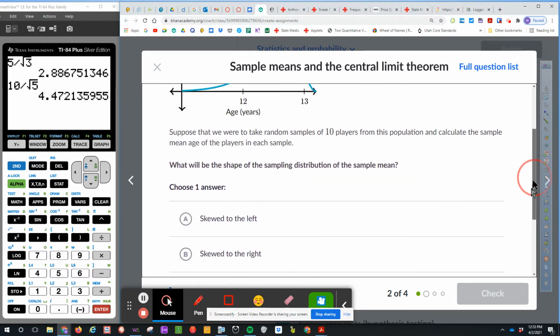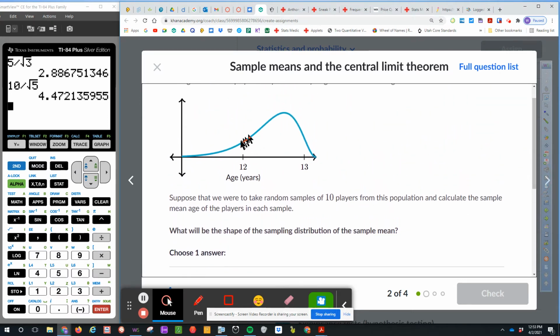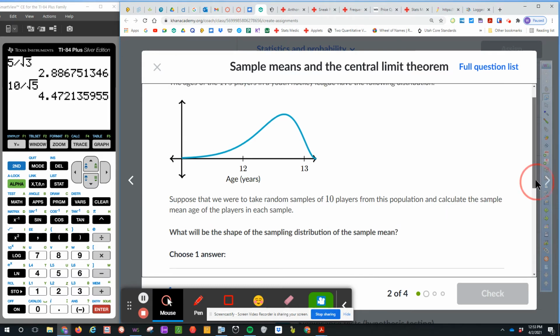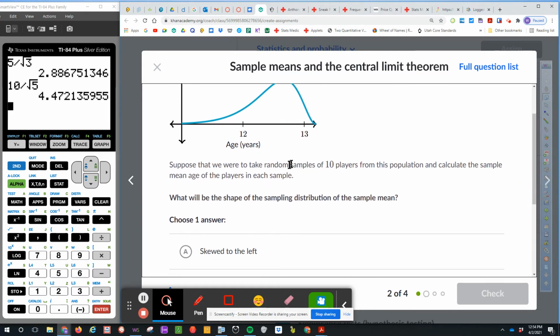Now, because the population is skewed left, if we had a bigger sample, like more than 30, we would be able to assume that the sampling distribution of the sample mean is approximately normal. But we now can't do that because the sample size is only 10.